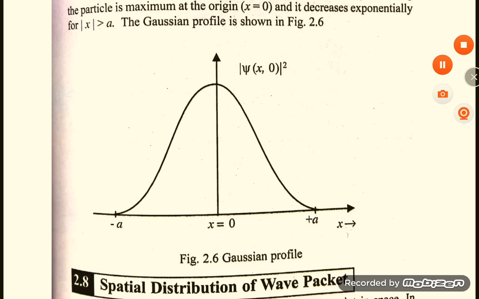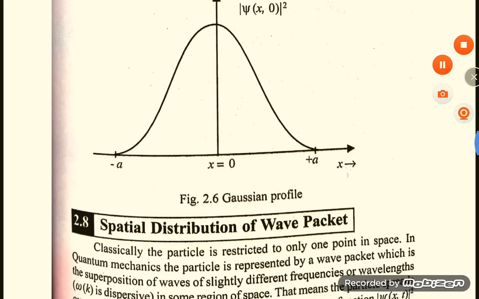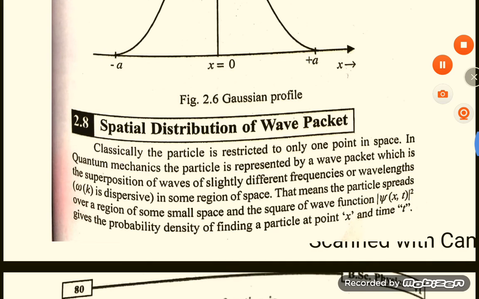Now we will discuss the spatial distribution of wave packet. What does the spatial distribution of wave packet mean? How the wave is distributed in space. These waves are always associated with the particle, because we are talking about the waves which are generated by or associated with the particle.